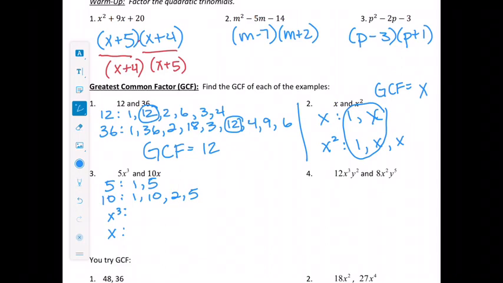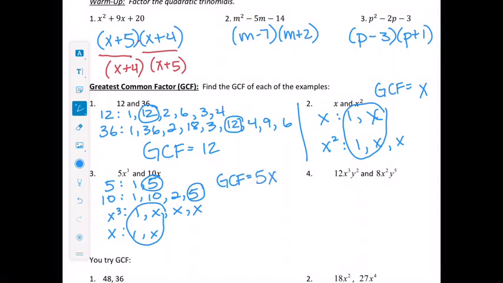Factors of x cubed: 1 times x times x times x gives us x cubed. Factors of x: just 1 and x. We're going to see what the numbers have in common and then separately what the variables have in common. The biggest thing that the numbers have in common is the 5, and the variables just have the 1x in common. So here our GCF is going to be 5x.